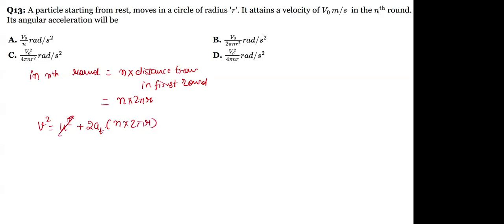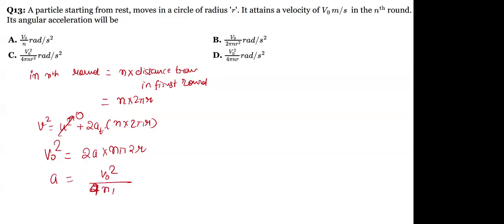Now the initial velocity is 0 and the final velocity squared is v naught square. So v naught square will become 2a n 2 pi r. Now acceleration will become v naught square upon 4 times n pi into r.